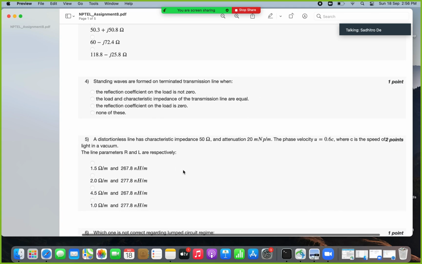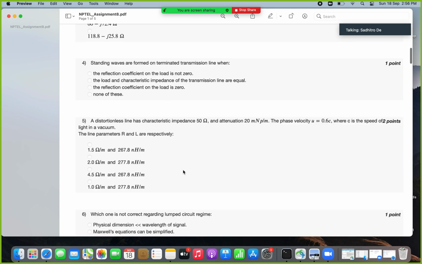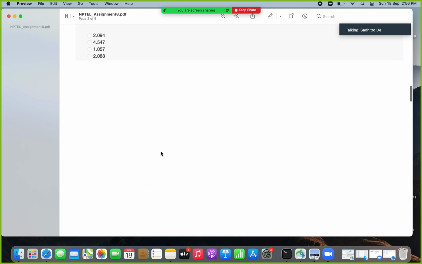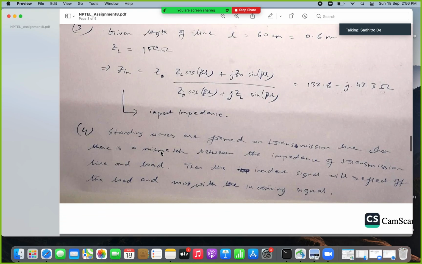Okay. So then the next question, question 5, says that we have a distortionless line whose characteristic impedance is 50 ohm and the attenuation is 20 mNp per meter. The phase velocity is 0.6 times the velocity of light in vacuum. Then what are the line parameters R and L? Over here you need to look at the formula for distortionless lines.